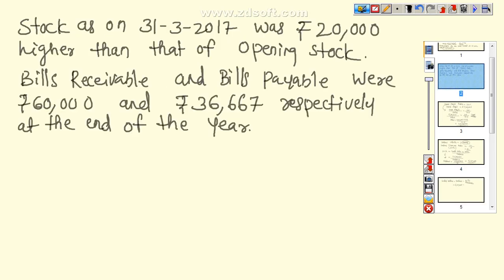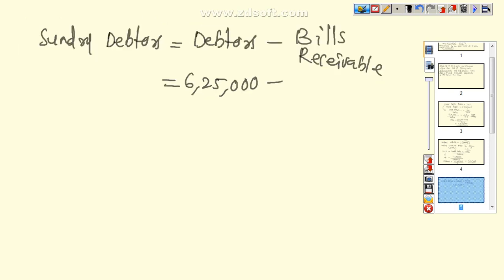According to the question, bills receivable and bills payable are given. Bills receivable is 60,000, so we deduct 60,000 from 6,25,000. The final answer of sundry debtors is equal to 5,65,000.